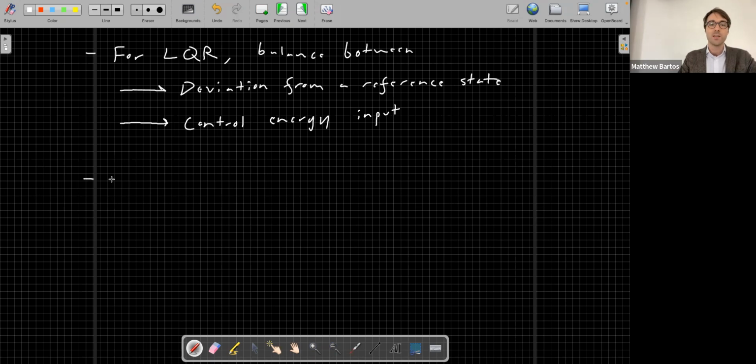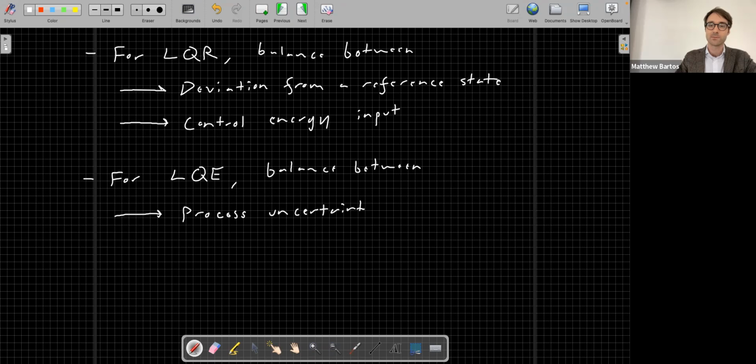to the system. For LQE, it's kind of similar. We're going to balance between two other factors. We're balancing between the process uncertainty, so this would be uncertainty in our model or input.